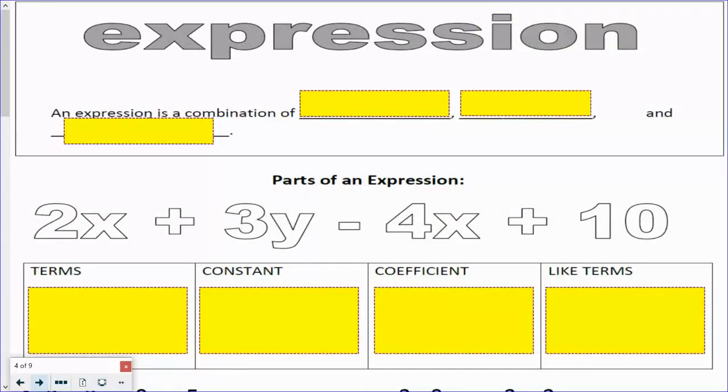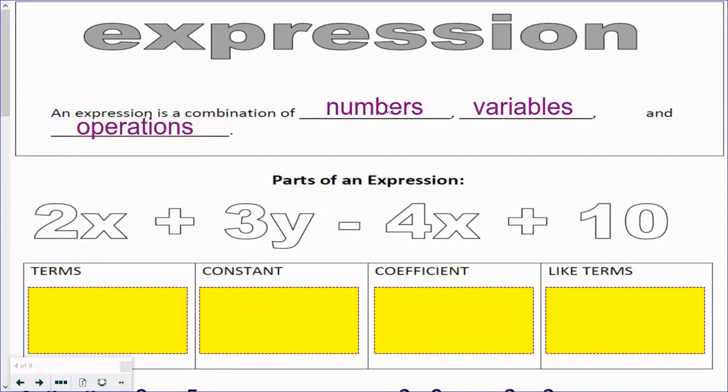The next one is going to be about our vocabulary terms. Okay, so we talked last week about how an expression is a combination of numbers, variables, and operations. Okay, they can have more than one of each of these. All right, so terms in this problem are our 2x, our 3y, a negative 4x, and a positive 10.